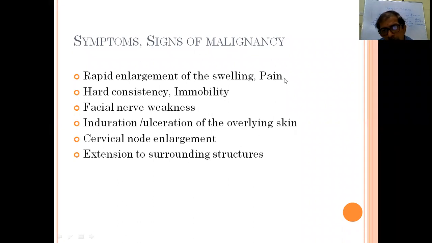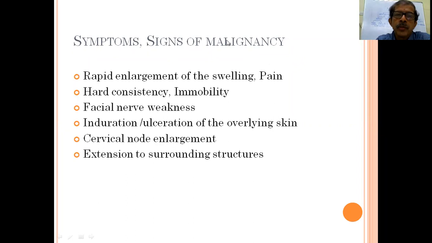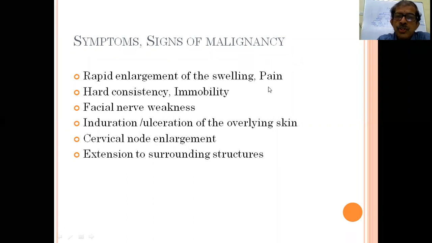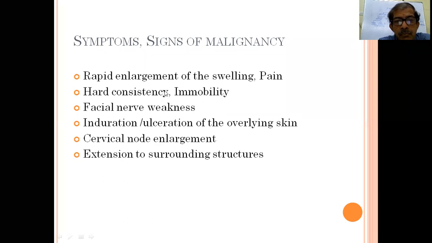Then there may be pain also. If there is pain, it is malignant, unless you have excluded parotitis. In a tumor, if there is pain, it is malignant, right? Then, as I already told you, hard consistency and it is immobile, whereas a pleomorphic adenoma is easily mobile.